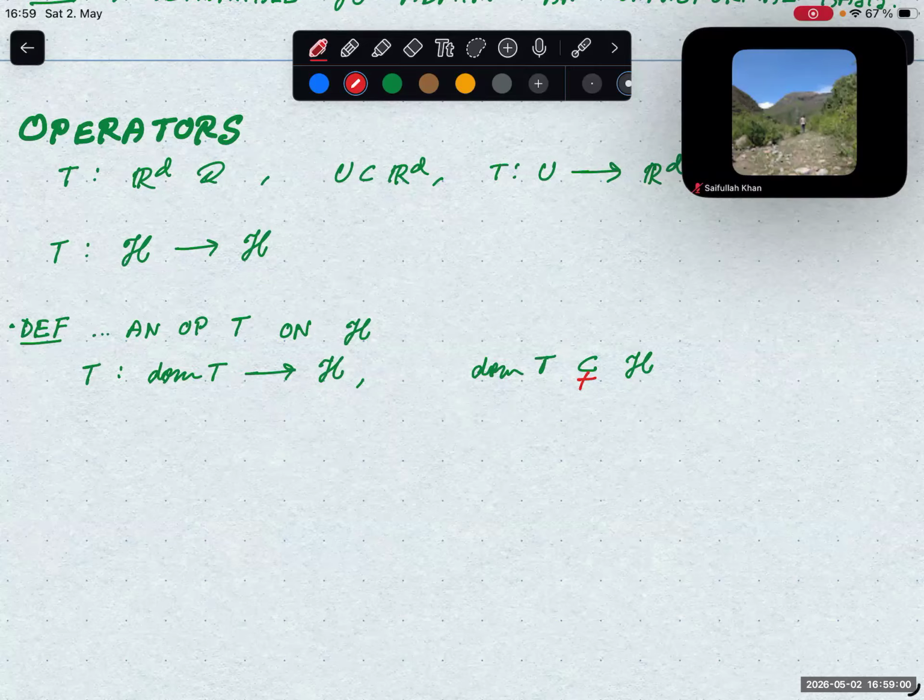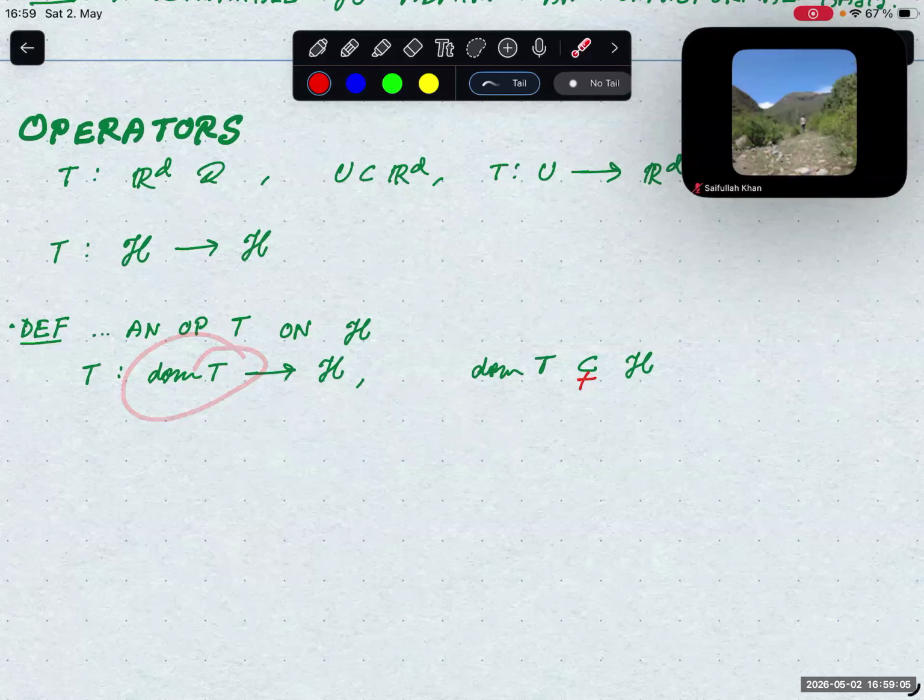So you already see one difference. Here we do not have such a restriction. We can define it on the whole space.